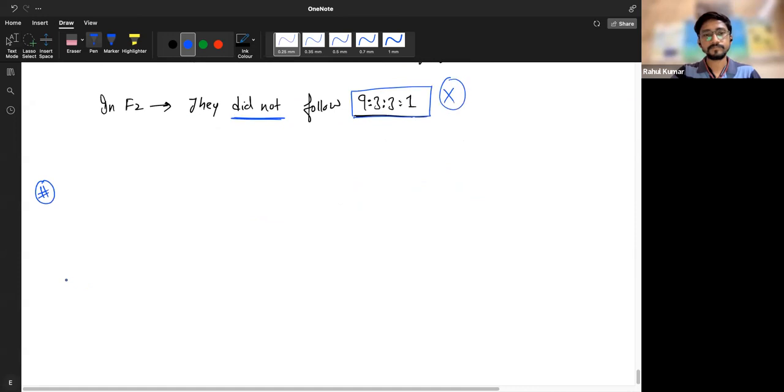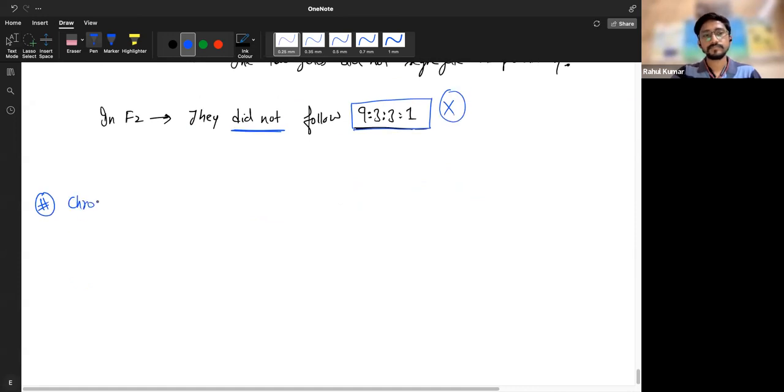So write down, chromosomal theory of inheritance.